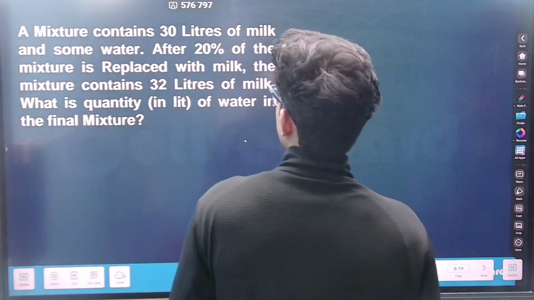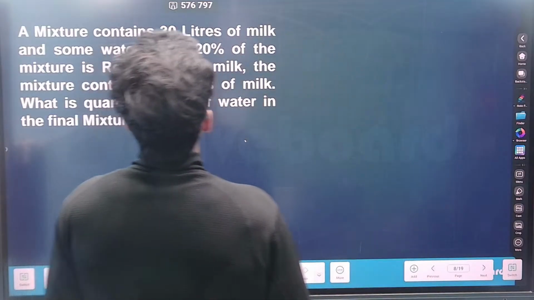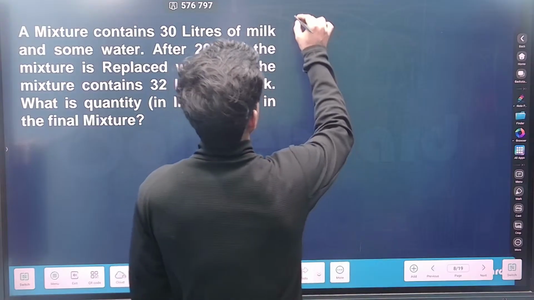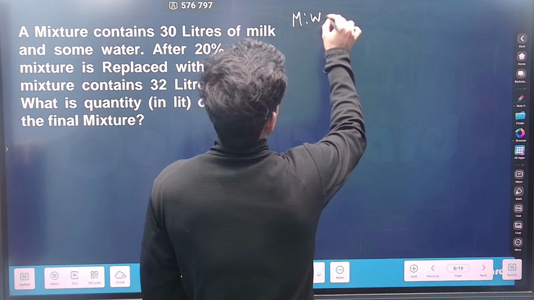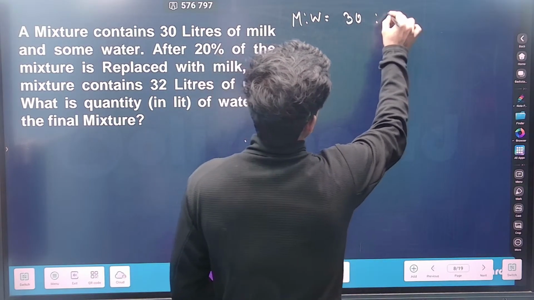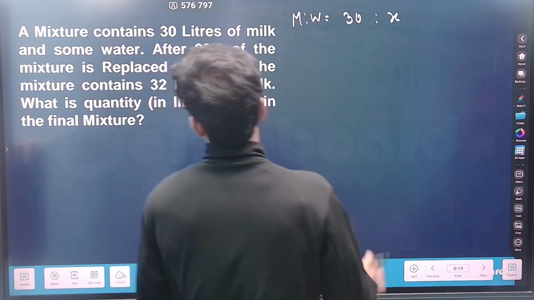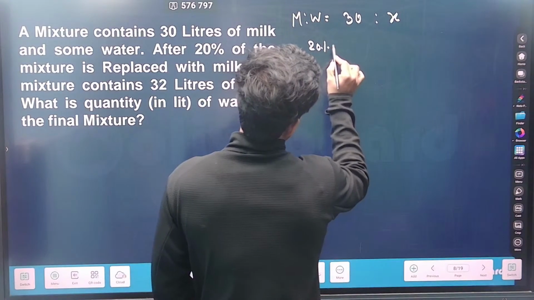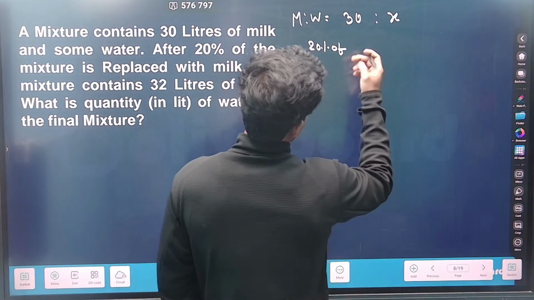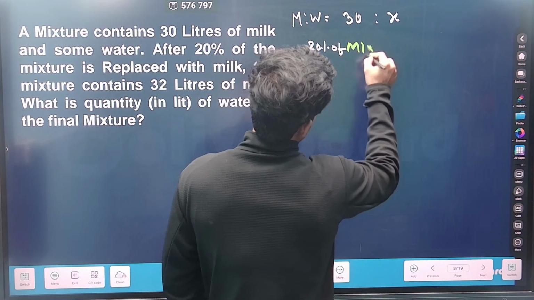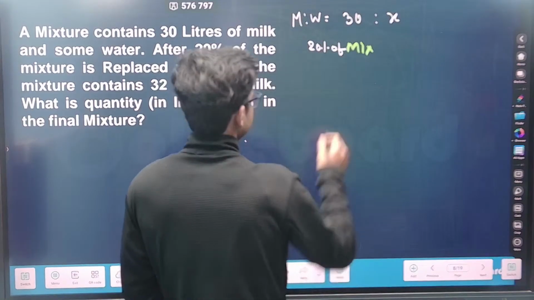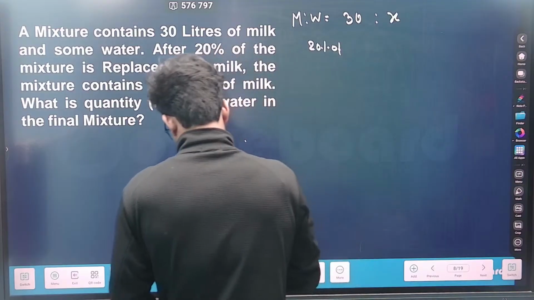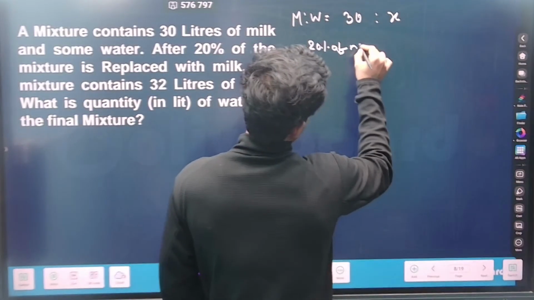Okay. A mixture contains 30 liters of milk and some water. So basically the ratio of milk and water would be 30:x. Some water, I don't know. 20% of the mixture is replaced.